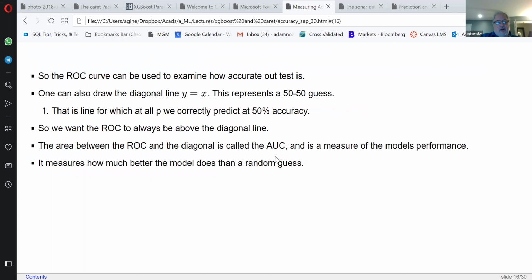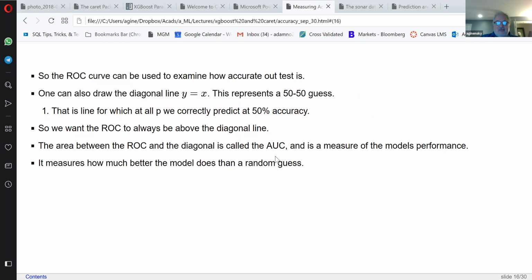So you can use an ROC curve, which gives you this value for every probability, as a measure of how accurate a test is. If you draw the diagonal line y equals x, that's the line where your number of false positives equals the number of true positives.